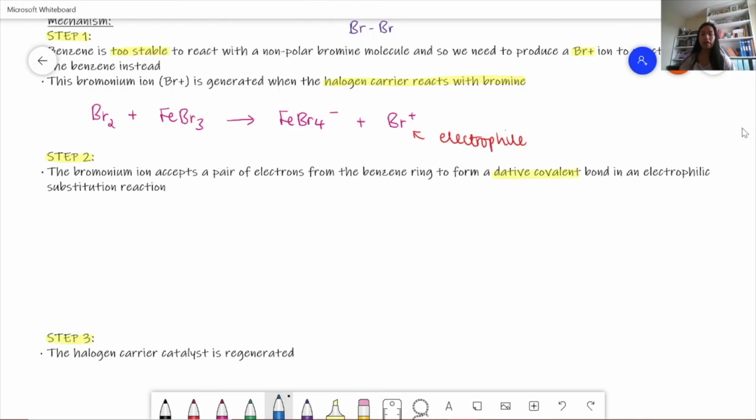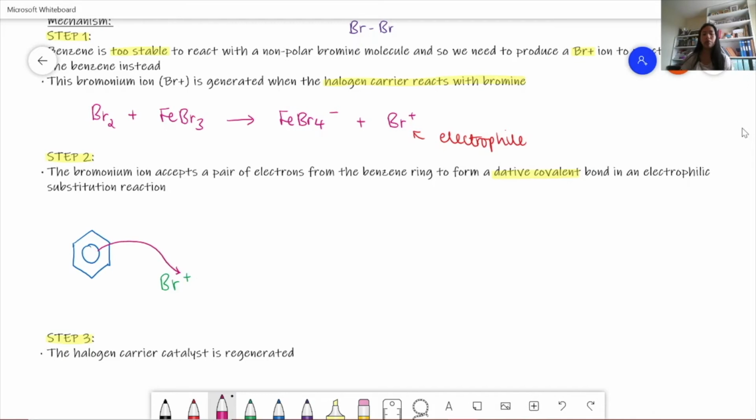So what we have is benzene, and then we have the electrophile, which is this Br+. And because of the high electron density, because of the delocalized section of the benzene, these electrons are attracted to this positive charge.